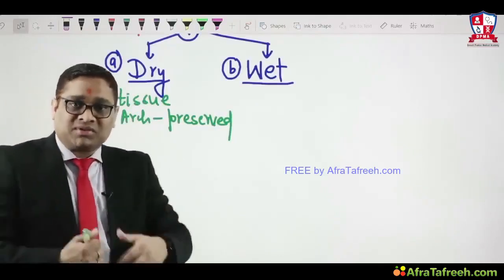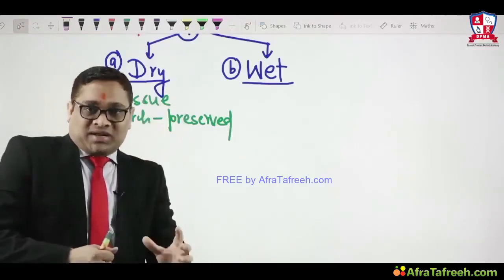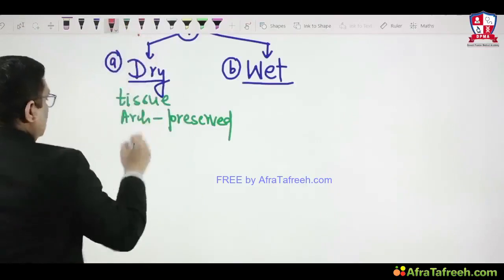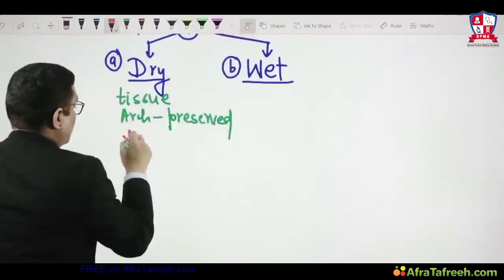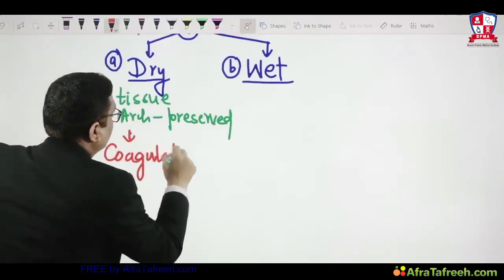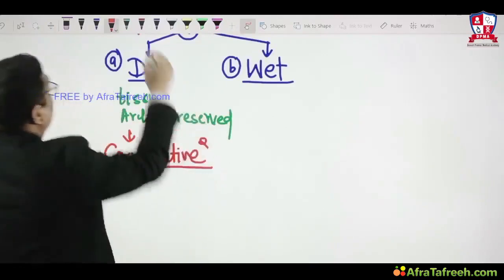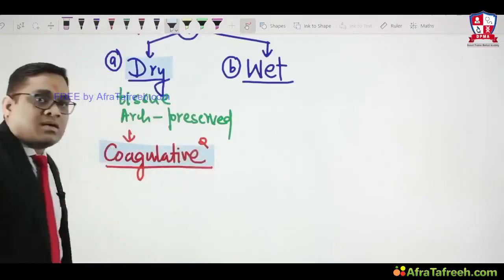Did you understand why I was emphasizing that in coagulative necrosis, tissue architecture will be preserved? So dry gangrene is an example of what type of necrosis? When the examiner asks you, you have to understand it's a coagulative pattern of necrosis. So coagulative pattern of necrosis is seen in dry gangrene, right?